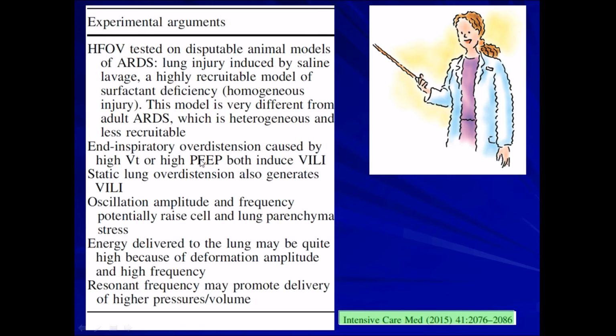This is what we call static strain, and this really might induce lung injury as well as dynamic strain. Also, oscillation amplitude and frequency potentially raise cell and lung parenchymal stress. Energy delivered to the lung may be quite high because of the deformation amplitude and high frequency. Resonant frequency may promote delivery of higher pressure and volume. They assume that the resonant frequency for lungs and airway is around 8. If you use 8, you will have really high tidal volume, and this is physics.